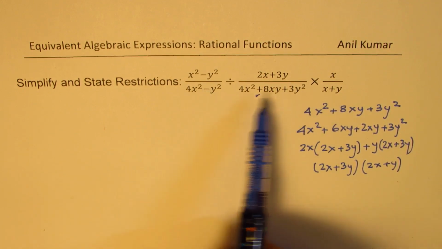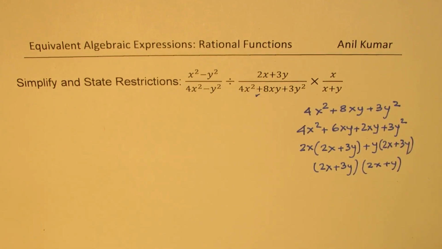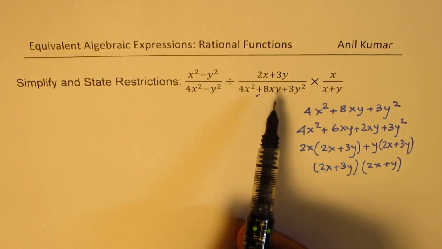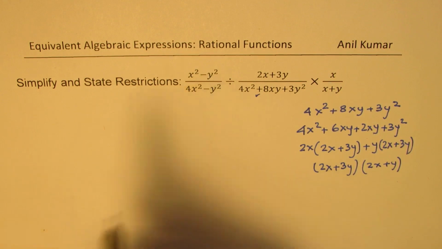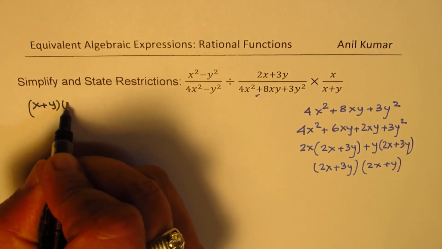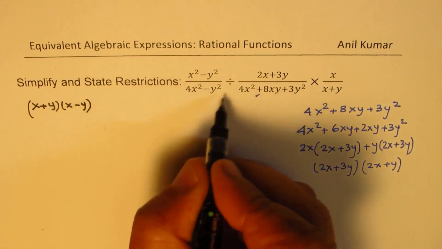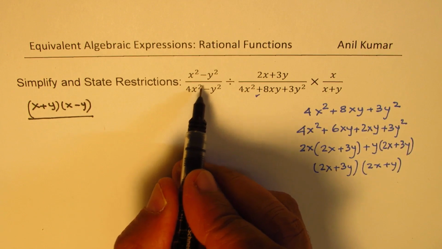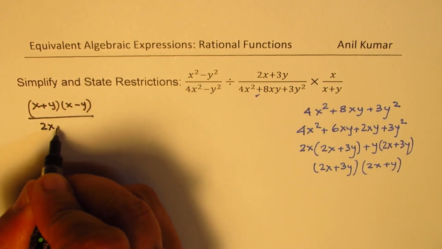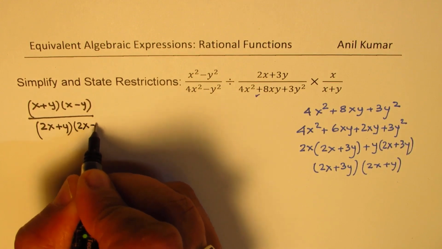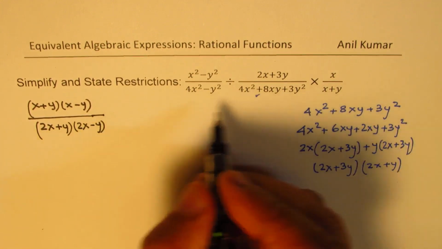Others are relatively straightforward. So let us now write this rational function in factored form. Difference of squares. So we could write this as (x plus y) times (x minus y) divided by, this is also difference of squares, (2x) whole square minus y square, right? So we could write this as (2x plus y) times (2x minus y). So that is the first term.